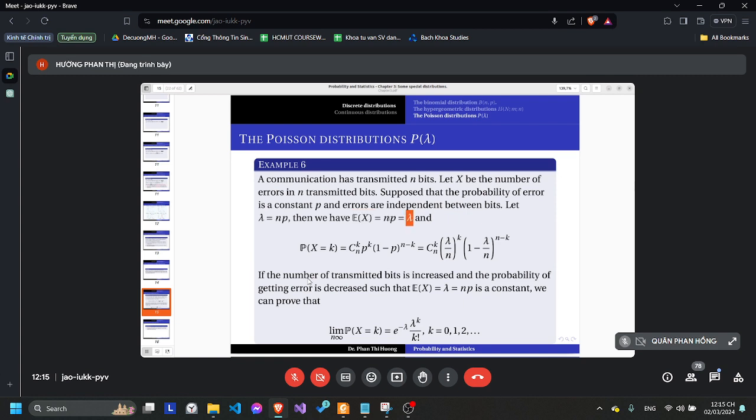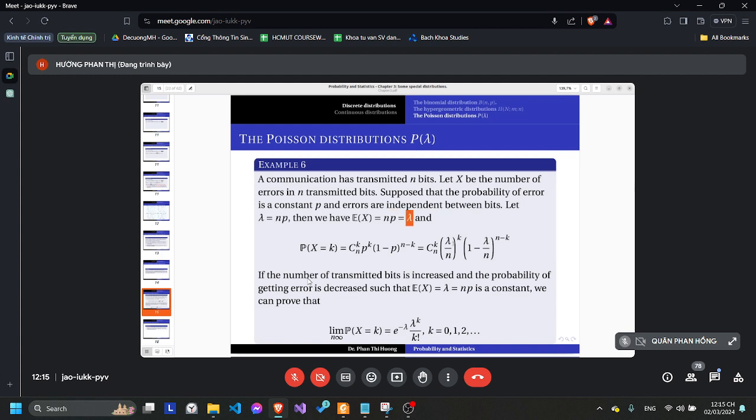It means that if we increase the number of transmitted bits, then the probability of getting an error for one bit will be smaller and smaller, such that when n is large, p is small, and their product always gives the constant lambda.